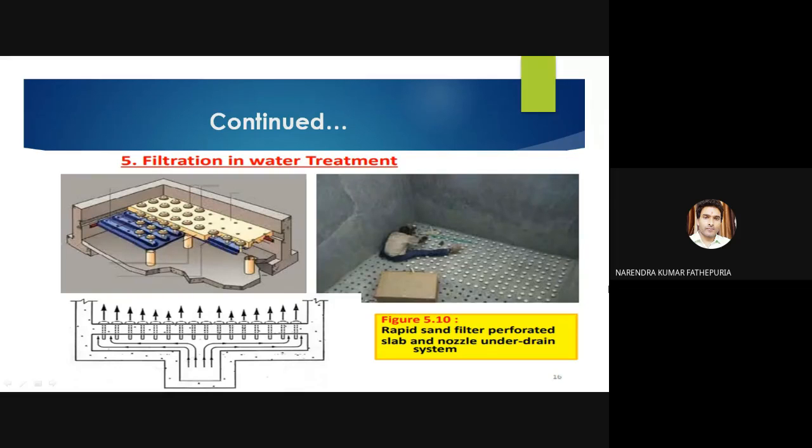In the design part also, you can see that. See, the person is making this gravel bed, perforated, and all the arrangement he's making for the under drainage system, including the nozzle for the backwashing. He's arranging it.